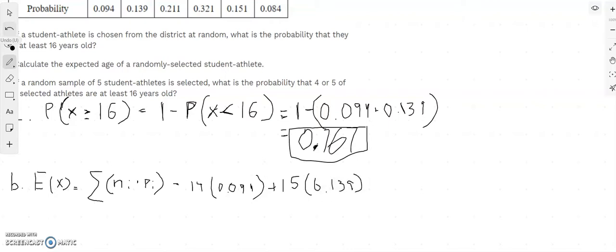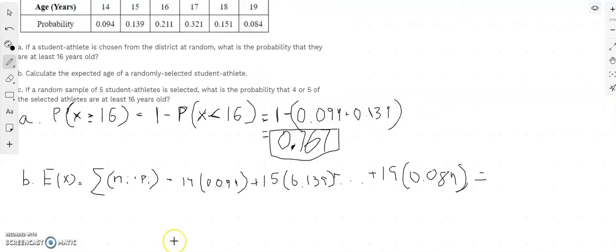I'm not going to show all of them just for the video's sake, but on the test I would recommend showing all of them, plus 19 times 0.084. Go ahead and type this into the calculator. You'll get a value. I'm going to pause the video and calculate the value real quick. Alright, I've calculated the value using my calculator, and we get 16.548.